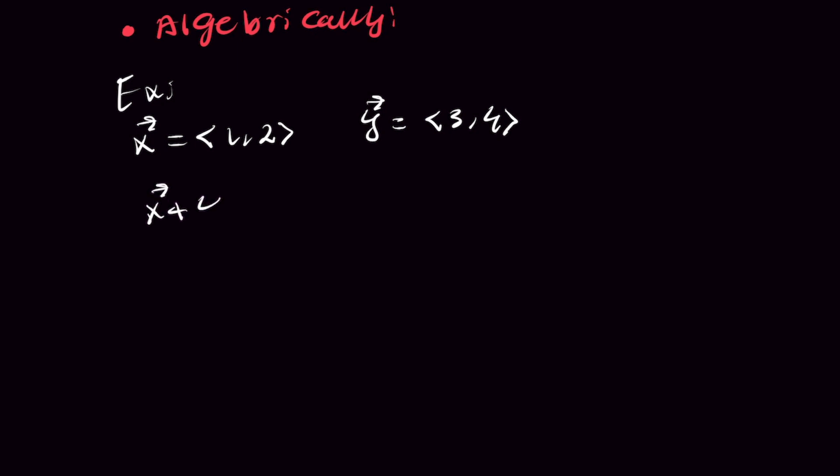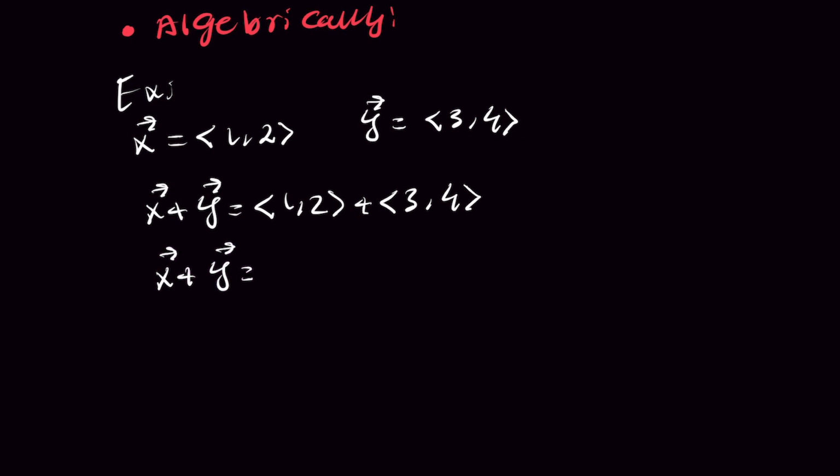Vector x plus vector y. Our vector x is 1 and 2, plus our vector y is 3 and 4.